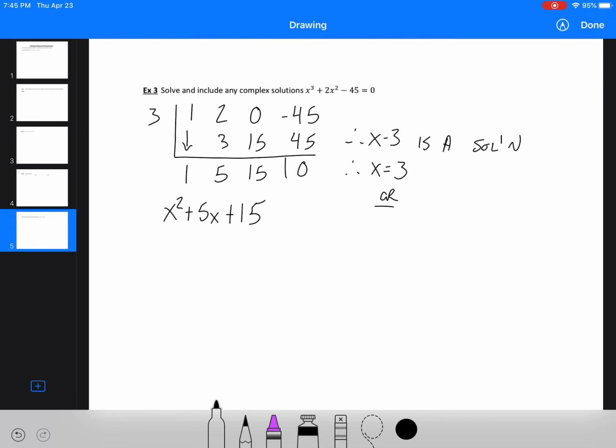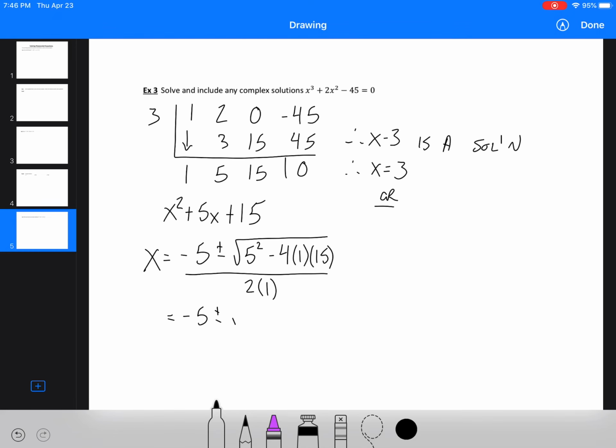Well, that's not going to work out, so let's go x equals negative 5 plus or minus the square root of 5 squared minus 4 times 1 times 15, all over 2 times 1. So we're going to get negative 5 plus or minus, we've got 25 minus 60.